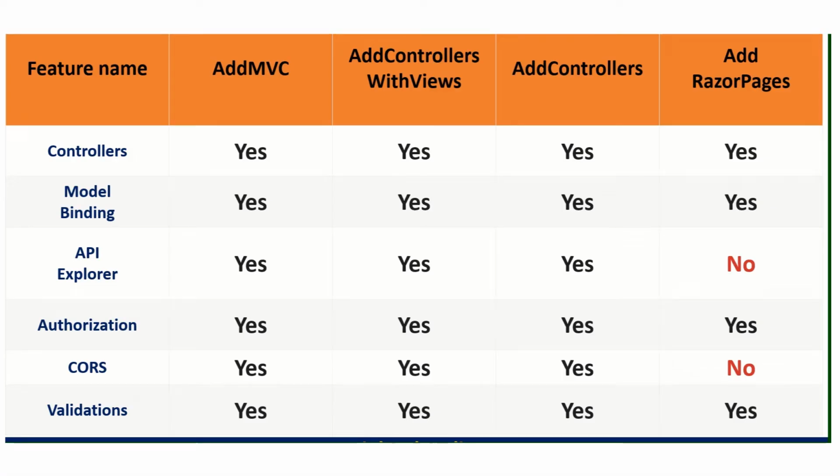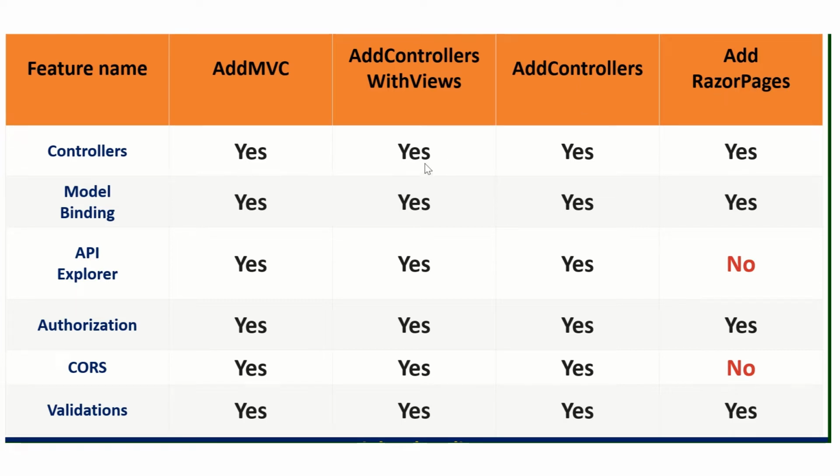So in the next slide I have added a feature name column, right? The features are controllers, model binding, API Explorer, authorization, CORS and validation, right? These are the features which we can use in AddMvc, AddControllersWithViews, AddControllers, and AddRazorPages.